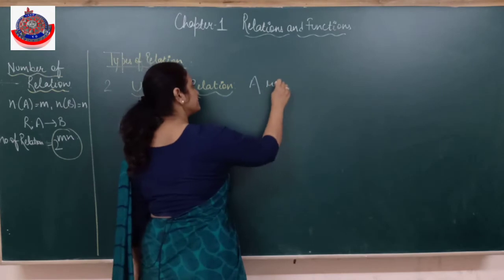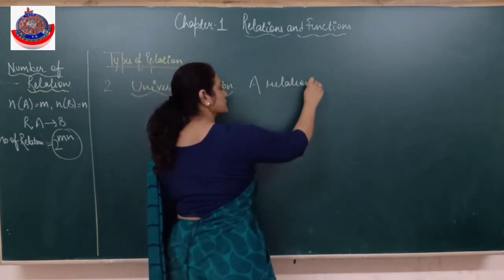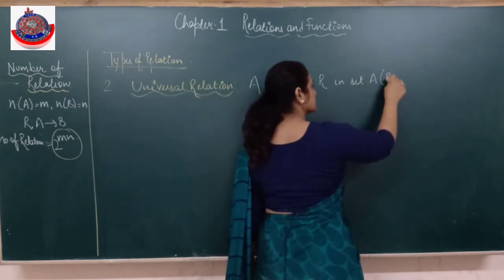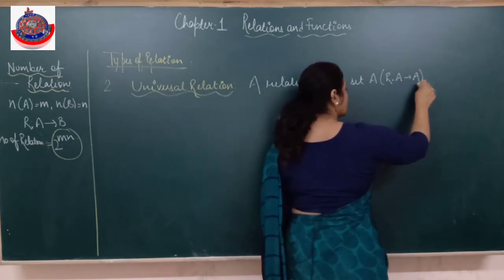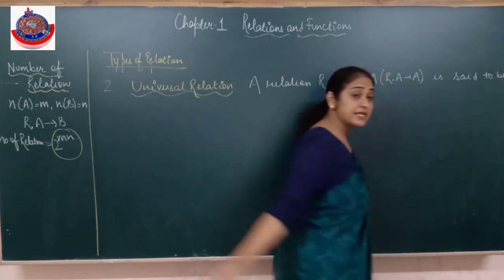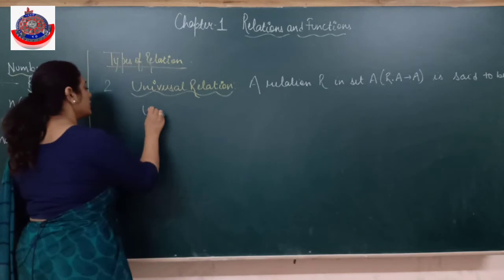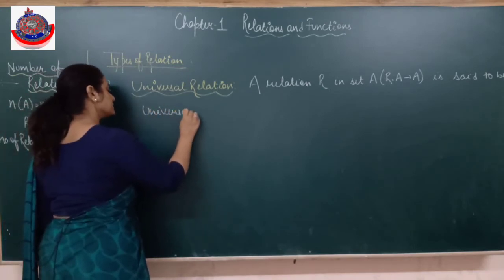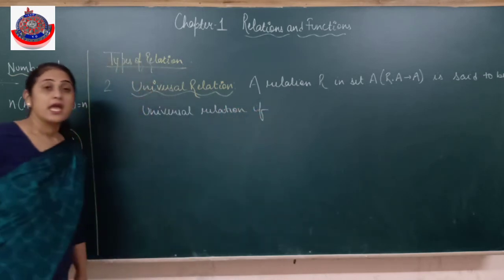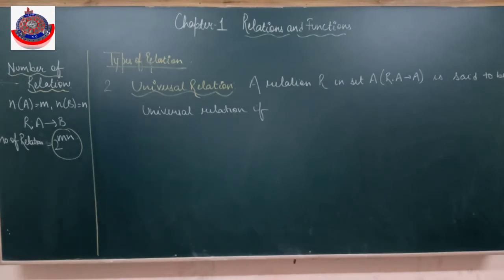A relation R in set A is said to be universal relation if every element of set A is related to every element of set A. That means, what does it mean?